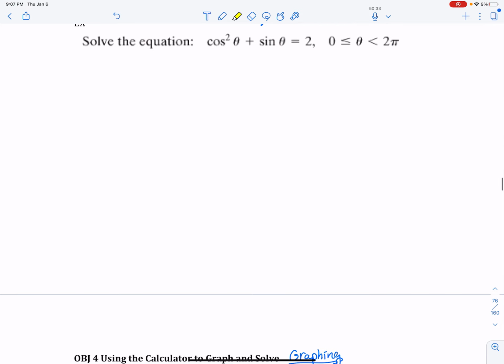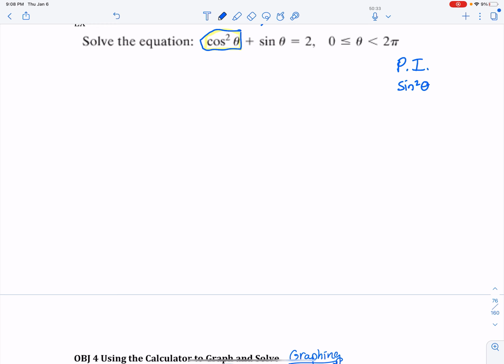Okay, so finally this last problem says solve the equation cosine squared theta plus sine theta equals 2. So once again, I have to make sure that everything is in terms of sine or cosine. So what I'm going to do is use substitution using the Pythagorean identity.